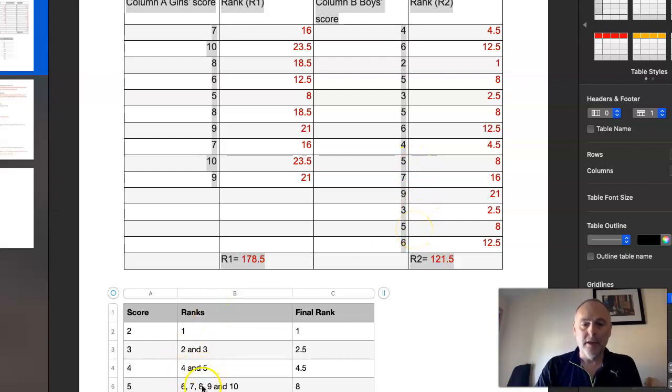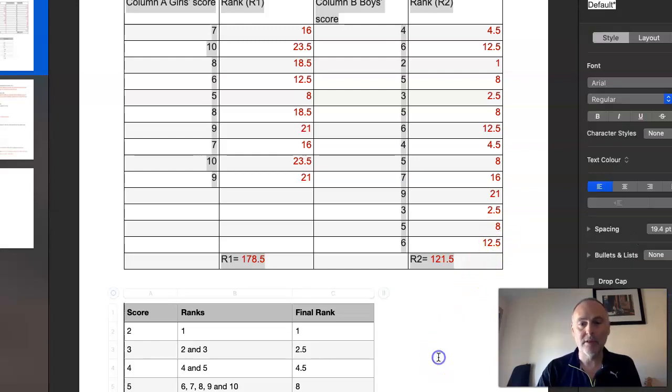By the time we've got there, we've already used ranks 4 and 5. So the next ones we're going to be using are 6, and we have to use 7 and 8 and 9 and 10. What we do is add them all up together and divide by how many there were, divided by 5. That means we get a ranking of 8 for each one of those. Do it yourself. You can make sure you understand what it is we're doing.